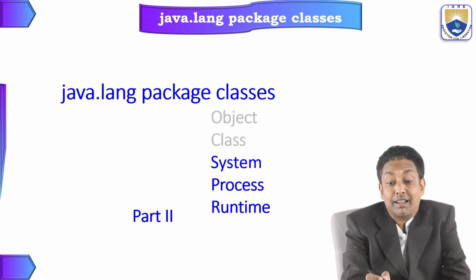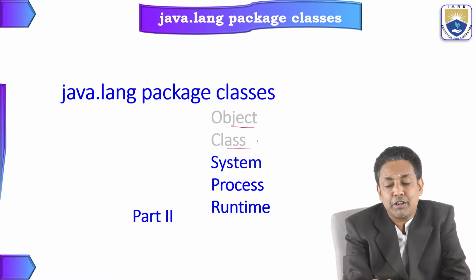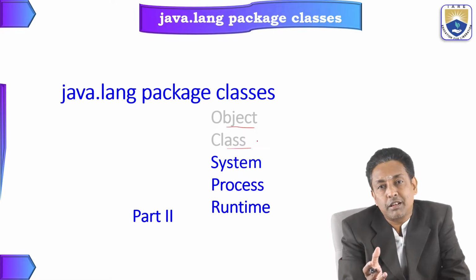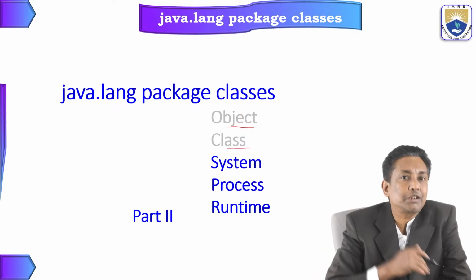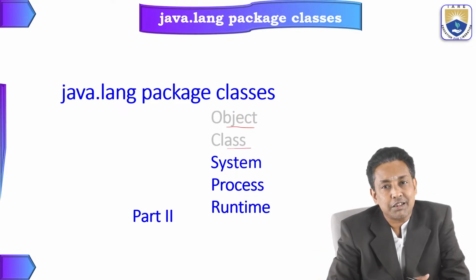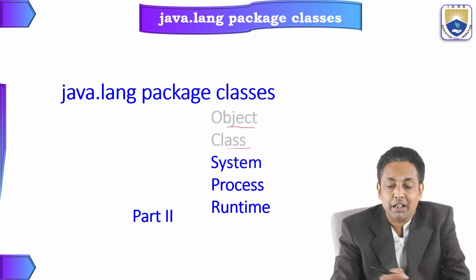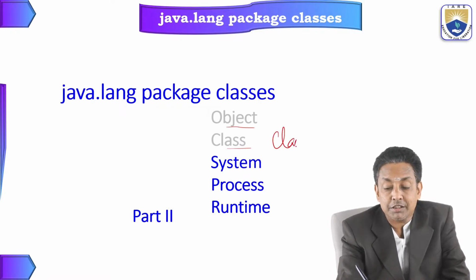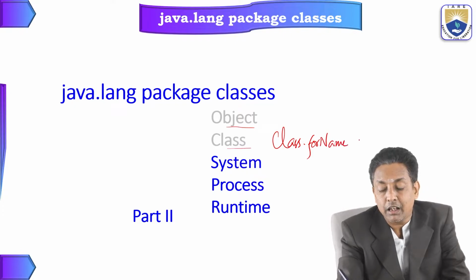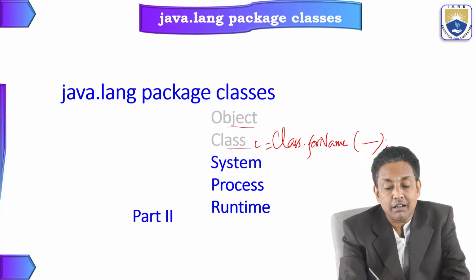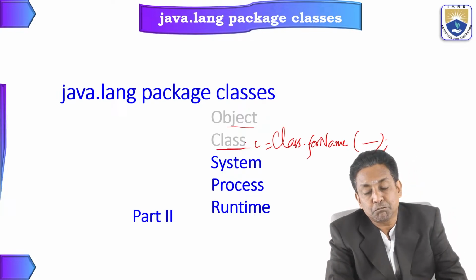But more than that, the Class class has many functions related to retrieving information about any class loaded into the class object at runtime. That's through Class.forName. If you pass any fully qualified class name as an argument, you will get this Class type of object.